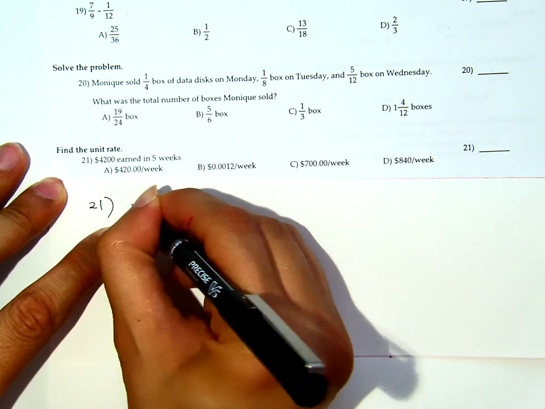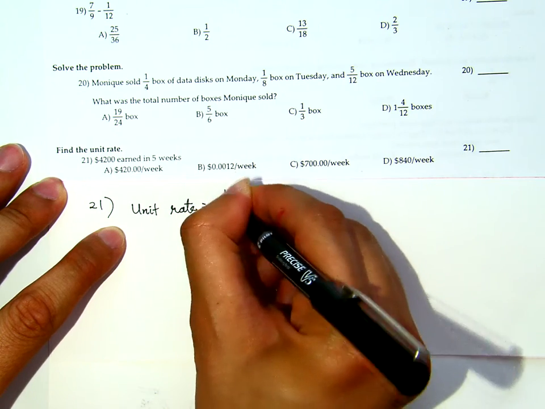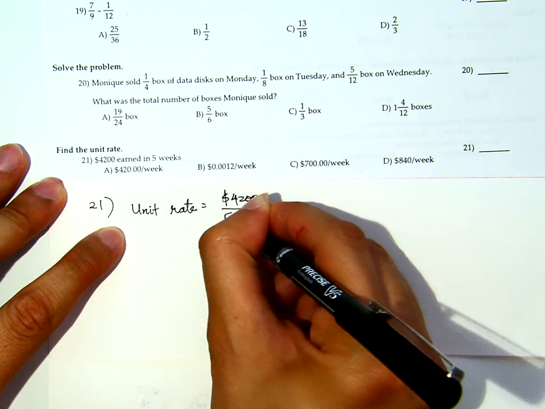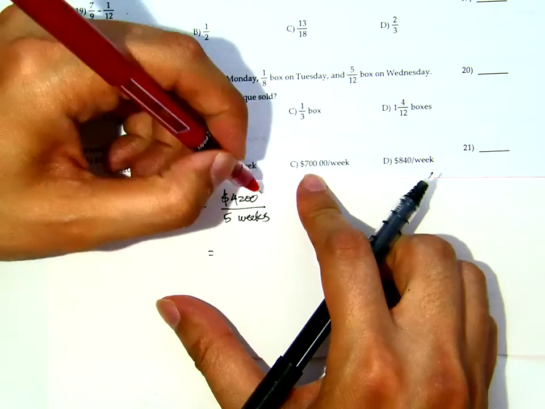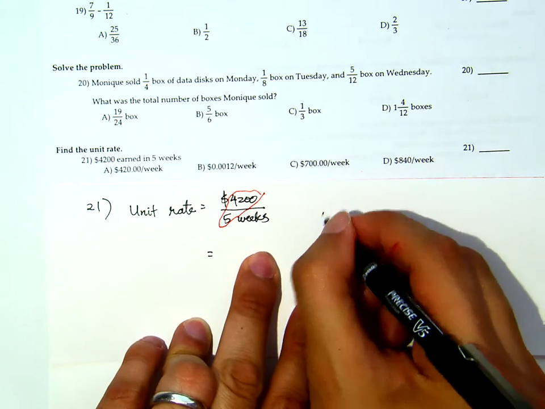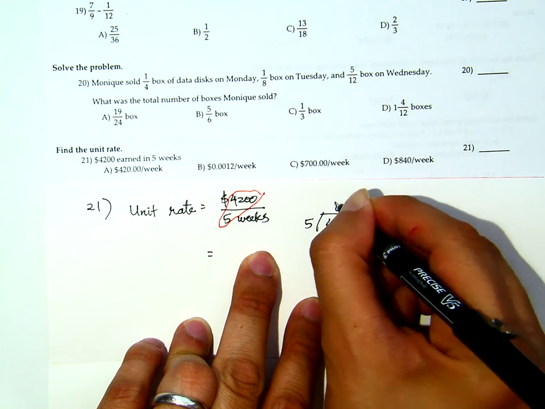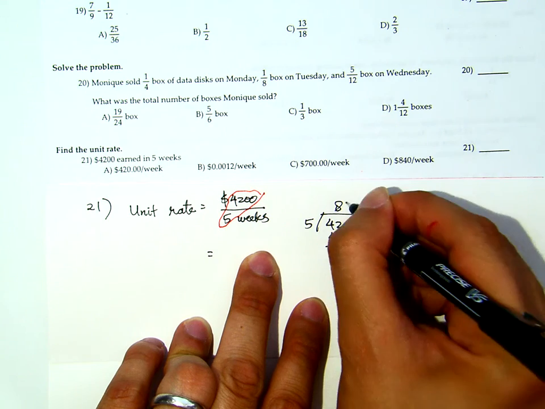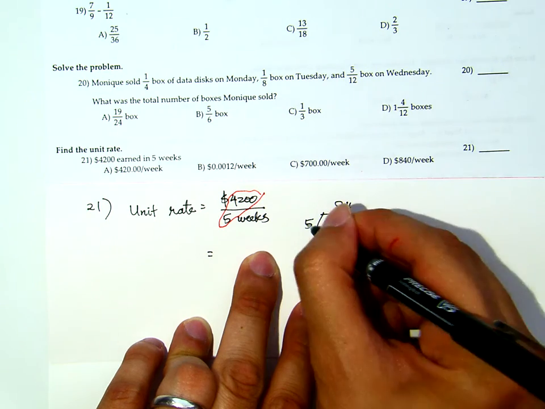So the unit rate will be $4,200 over 5 weeks, and what we do is divide this. 4,200 divided by 5: 42 divided by 5 is 8, remainder 2, then 20 here, that's 4 times 5, right? But I still have one digit to bring down, and then that's 0.